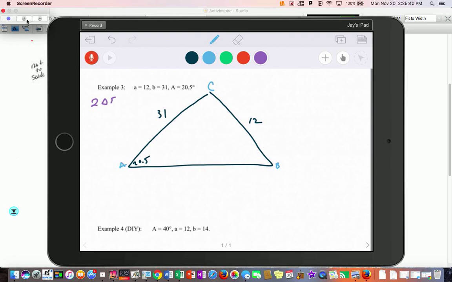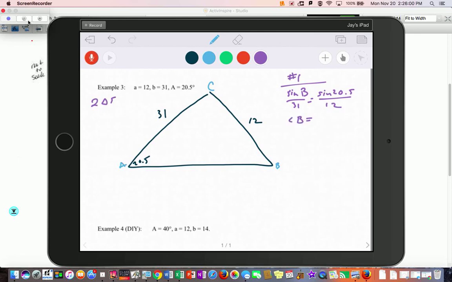So with the information, I can go ahead and solve triangle number 1. I can find angle B by doing the sine of B over 31 is equal to sine of 20.5 over 12.